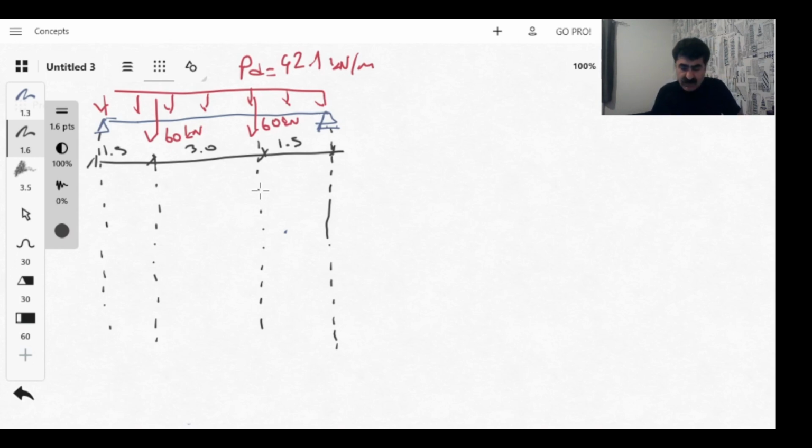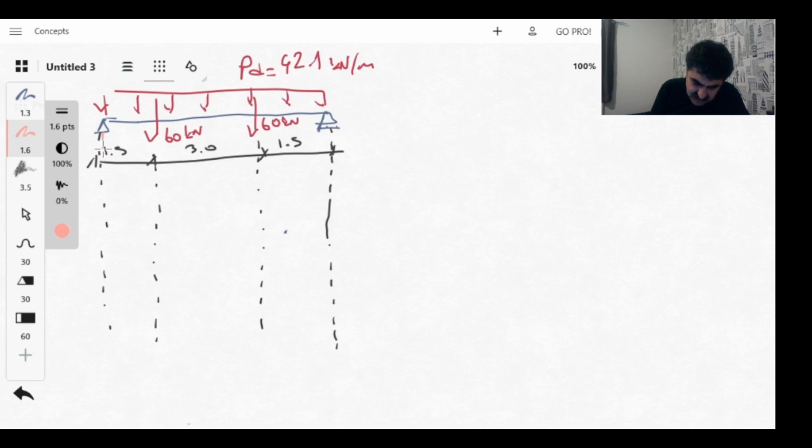But before drawing the diagrams, like the shear force diagram and the moment diagram, my question is to find the maximum values in the length of the beam. For this, first I need to calculate the support forces.